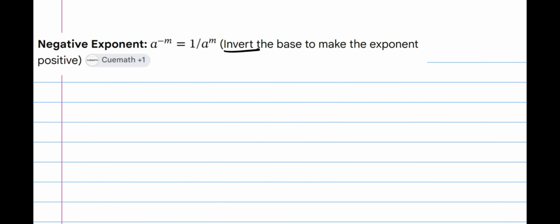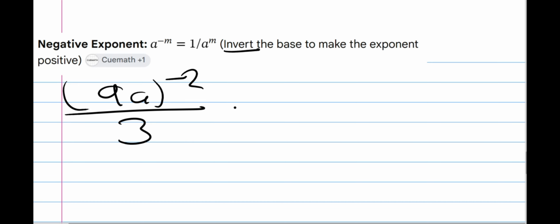Let me write it here. 9a to the power of negative 2 over 3. So I distribute the negative exponent to the coefficient and to the base or the variable.